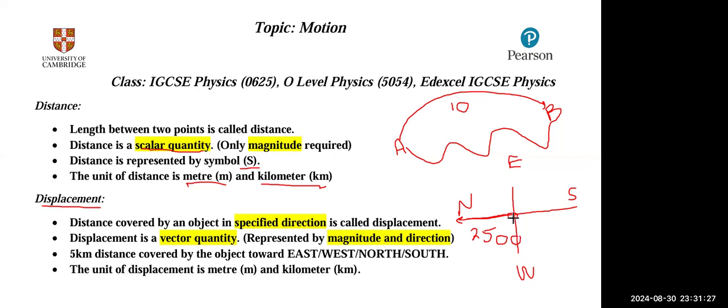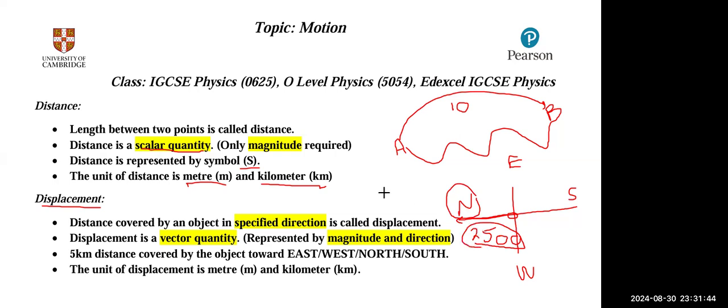So it means you are giving a straight direction, that is north, and the length of that distance is 2500 kilometer. So this is the magnitude, and north is the direction.